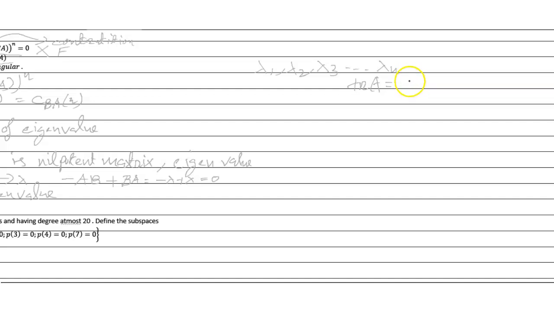Trace of A is equal to lambda 1 plus lambda 2 plus lambda 3 up to lambda n, and det A equals lambda 1 lambda 2 up to lambda n. Now friends, AM is greater than or equal to GM.